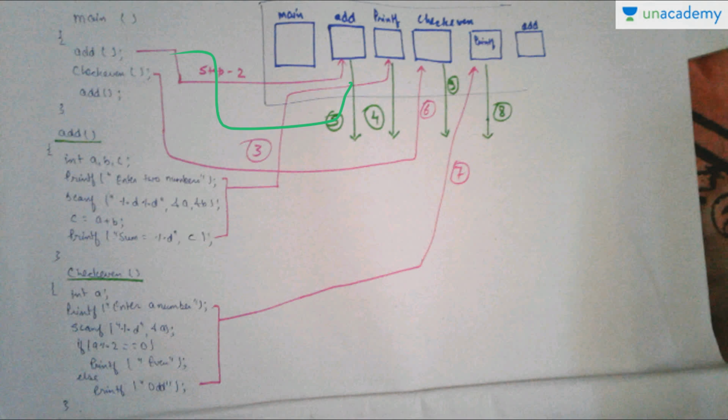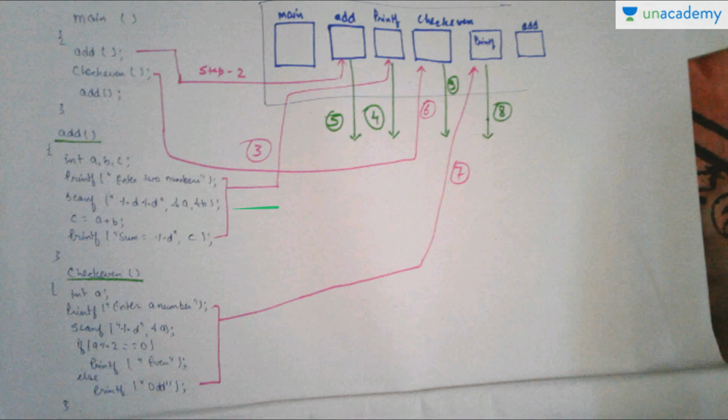Now control will move to the add function, and it will execute the first line of the add function. Here int a, b, c is not the first line, because these are declarations, not functions. So printf and scanf are the functions inside the add function.